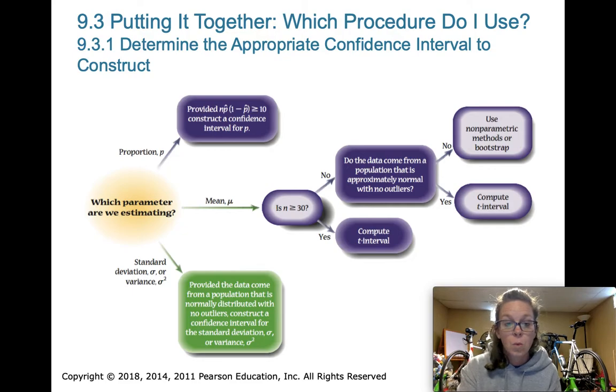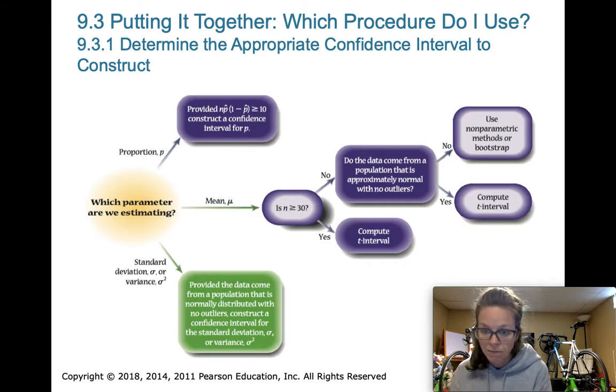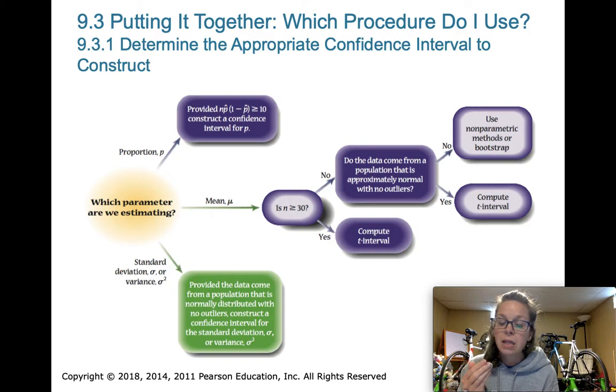Now, with the mean, it gives us some more information here. So remember earlier in the last lesson, I said that the population either needs to be normally distributed or a large sample, but large is relative, right? Here, this gives us a better specification of what do we mean by large, bigger than 30.